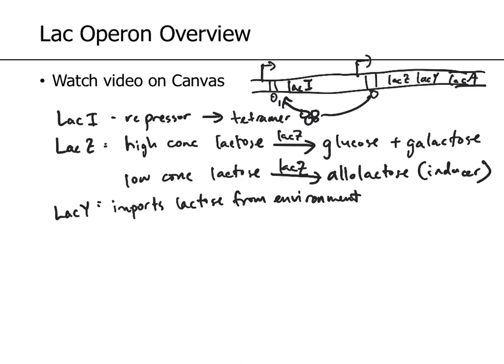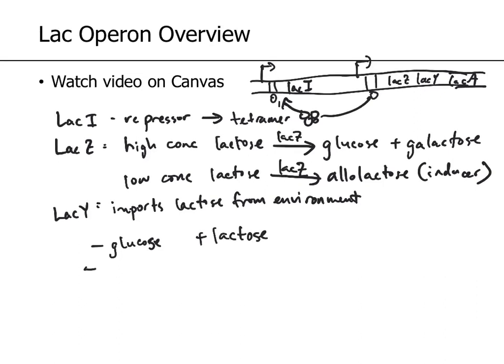So when will E. coli turn on the lac operon? When there's no glucose, but it's positive for lactose. When there's lots of glucose around, the PTS blocks LacY.